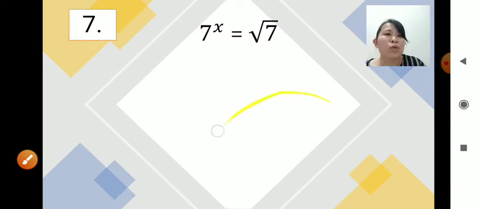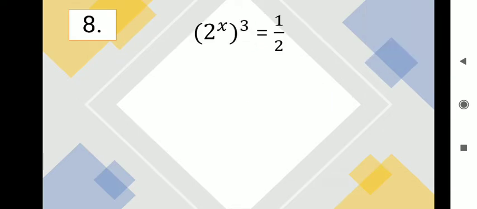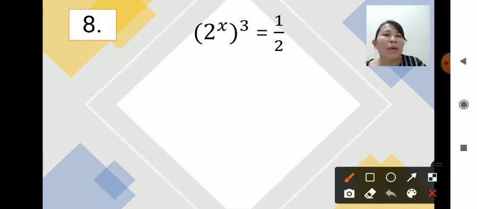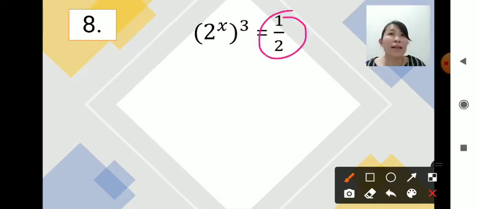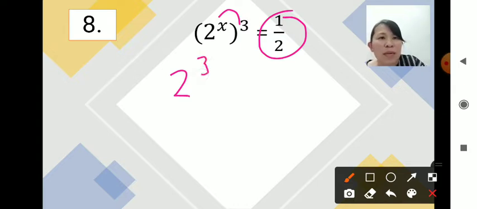Okay, last two. Question number 8. Okay, do you remember how to change this back into the index form? Okay, for brackets we multiply. So x times 3 times x, they are equal. So it will be 3x. So what about this part?